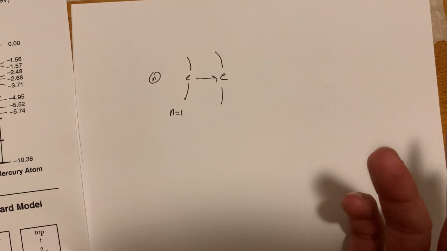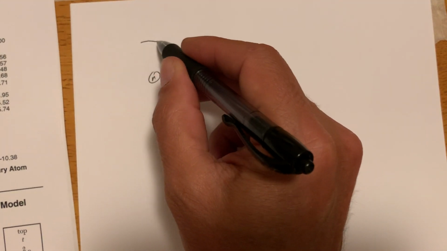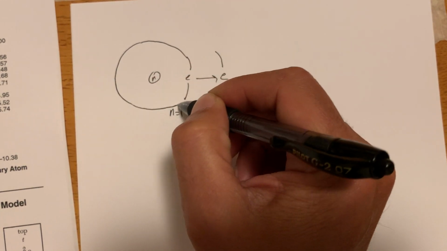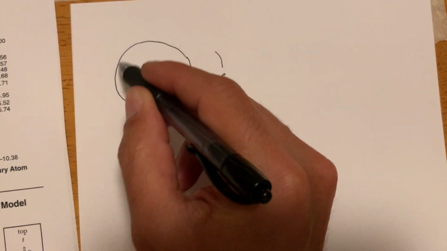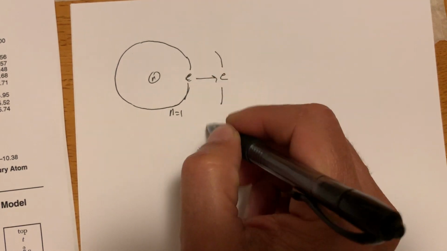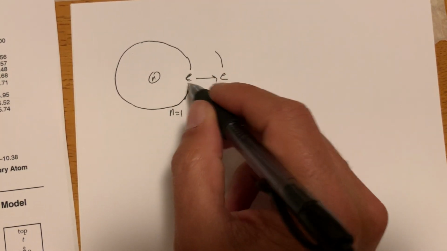So where does the electron want to be? Well, it wants to orbit the hydrogen atom at this little n equal 1 state. And that's really where it wants to be. However, suppose I give this electron some energy.